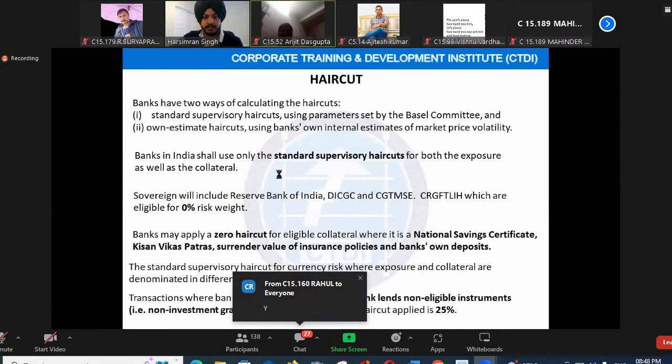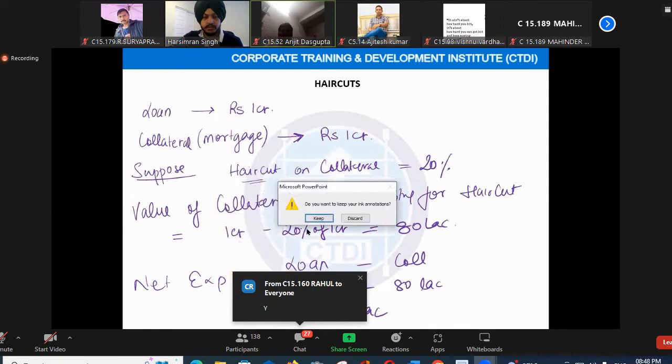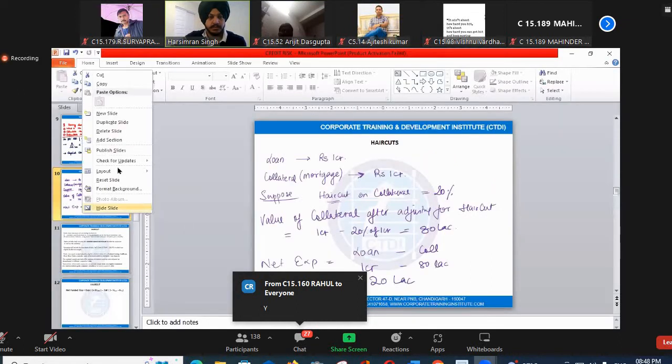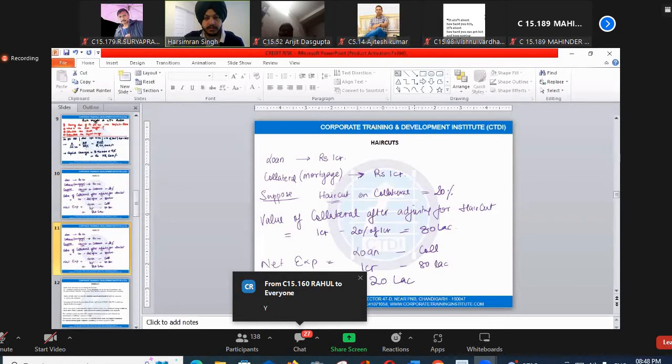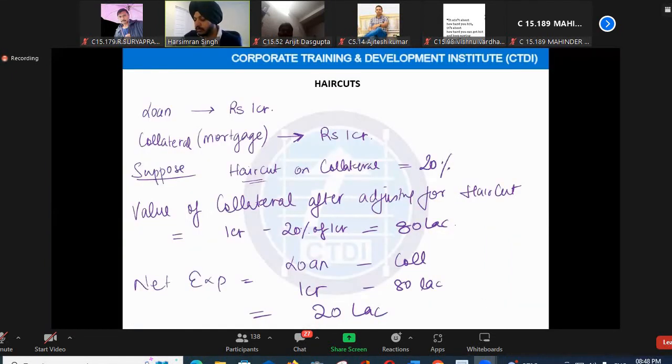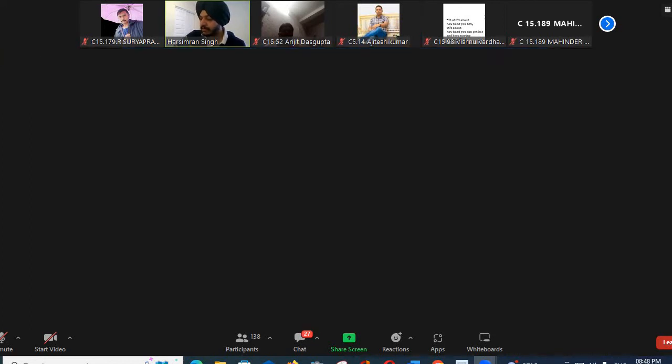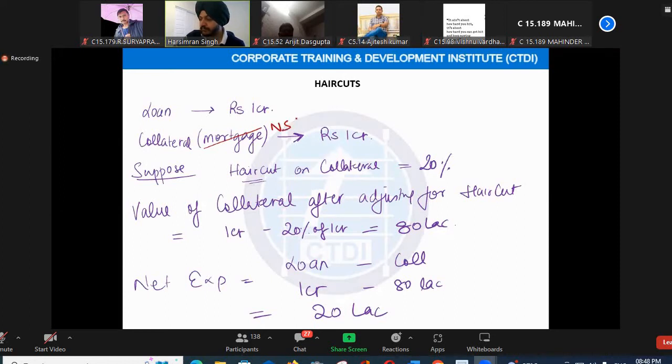But suppose your collateral, instead of mortgage, is a National Saving Certificate. Suppose RBI says on National Saving Certificate there is no haircut. Haircut is 0%.